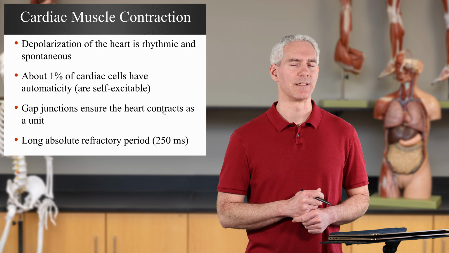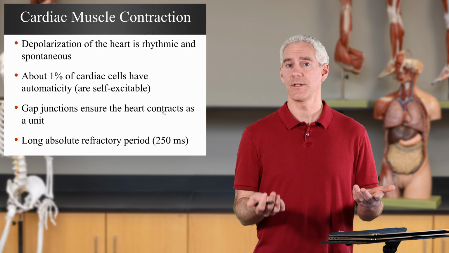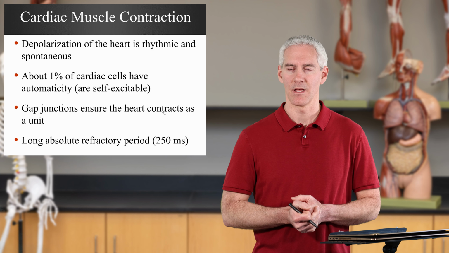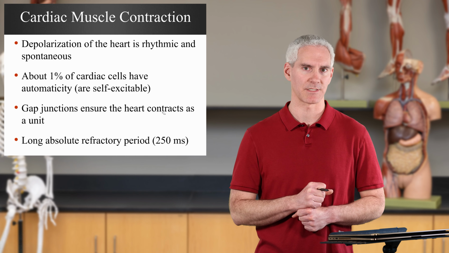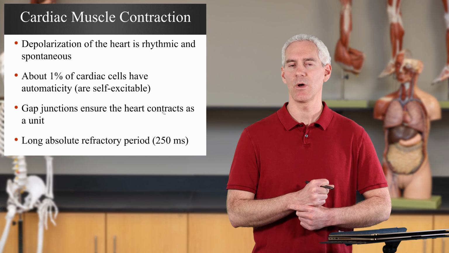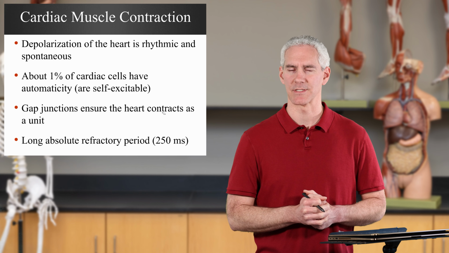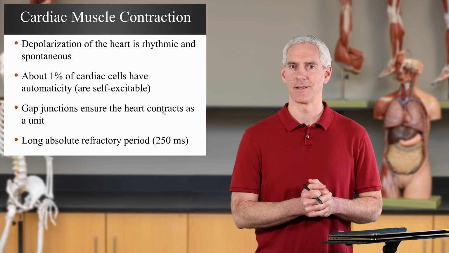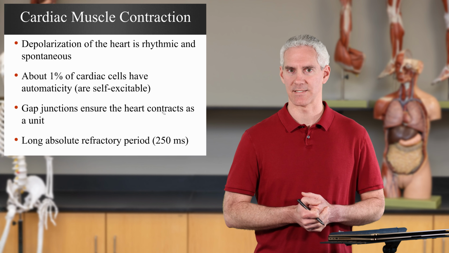But what's interesting is, in comparison to the skeletal muscle depolarization, or even the neurons and their depolarization, the refractory period is much longer in cardiac muscles. Have down here 250 milliseconds. Now sure, that can vary a little bit from person to person, but it's pretty close to that. Go back to skeletal muscle, that was about a 3 to 4 millisecond range.